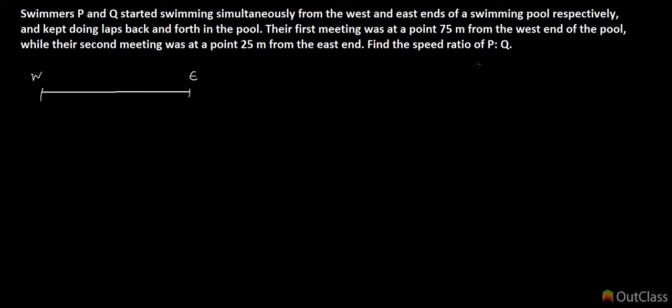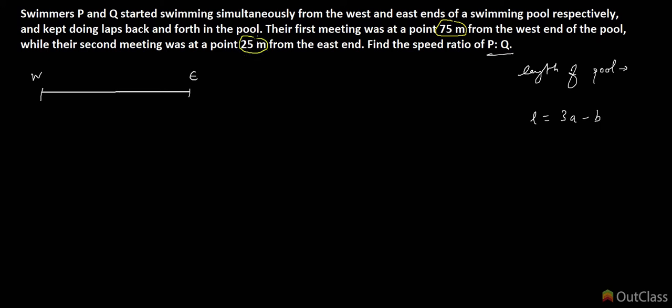Now, the easiest way to do this is to first find the length of the pool, and there is a formula that gets thrown around for this particular question type. The length is equal to 3a minus b, where a is the distance from one end for the first meeting and b is the distance from the other end for the second meeting.